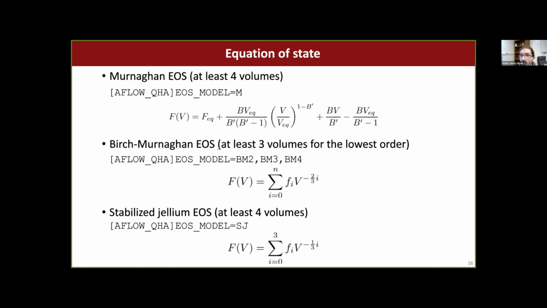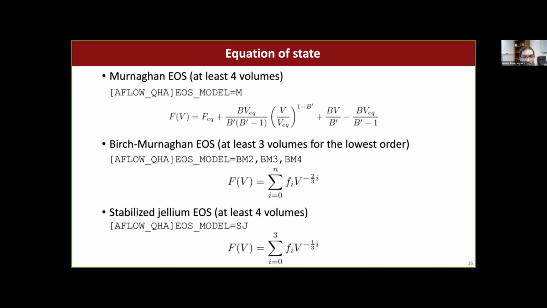The second one is Birch-Murnaghan, and we provide 3 different variations of different order, starting from the second one. For the second one, you need to have at least 3 volumes, for the third one 4, and for the fourth you need to have 5. It's a simple polynomial in even powers of even number divided by 3.